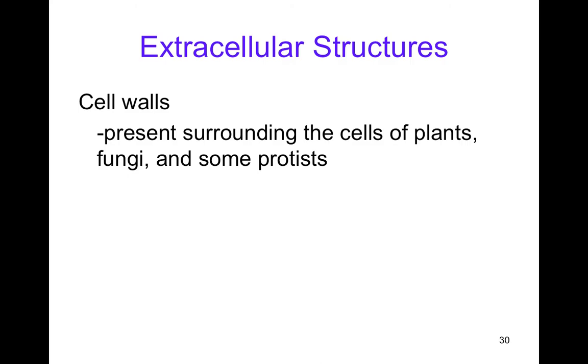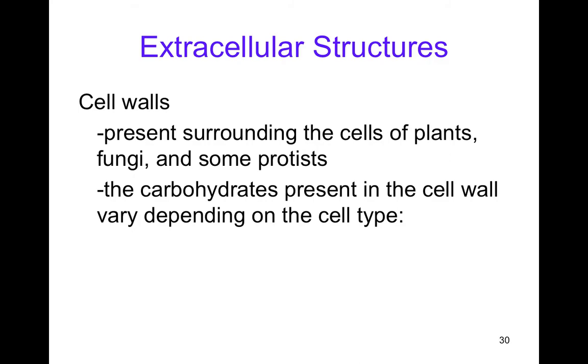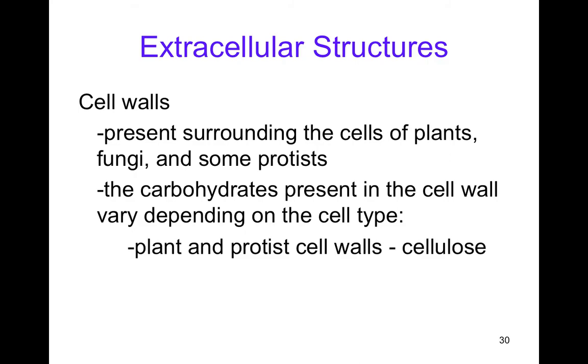It's made of a carbohydrate, depending on the cell type. So you guys need to know what type of carbohydrate is in each cell type. Plants and protists have a carbohydrate called cellulose that makes up the cell wall. So cell walls of plants are made out of cellulose.